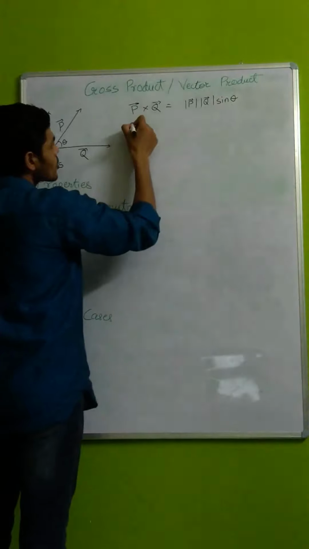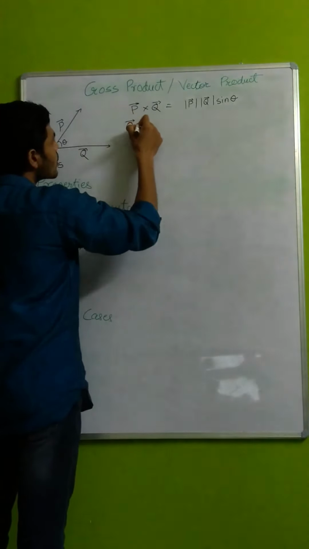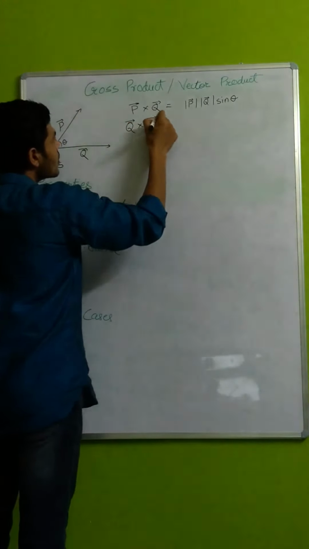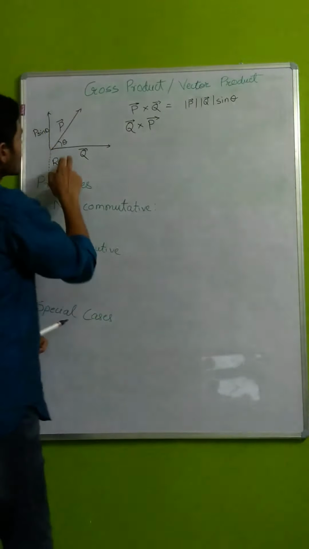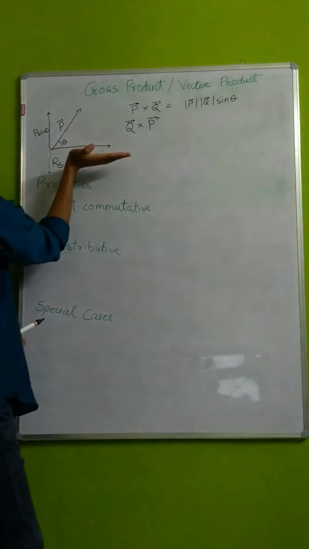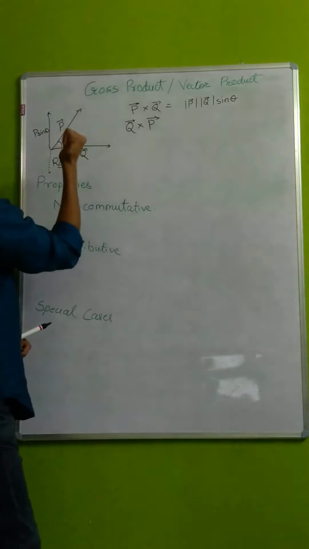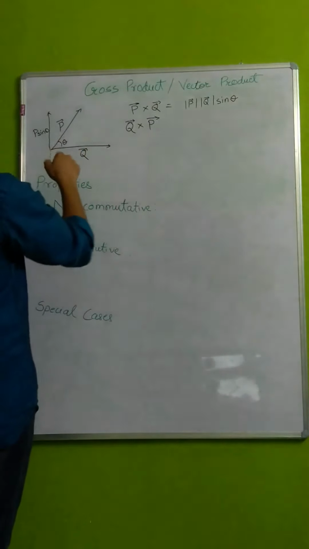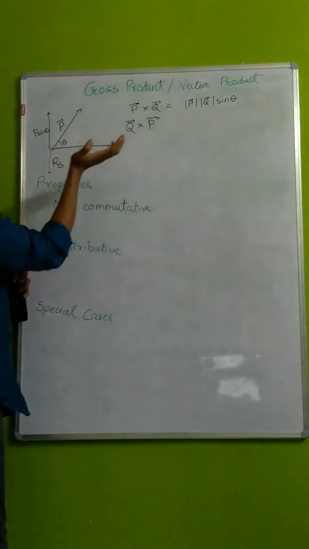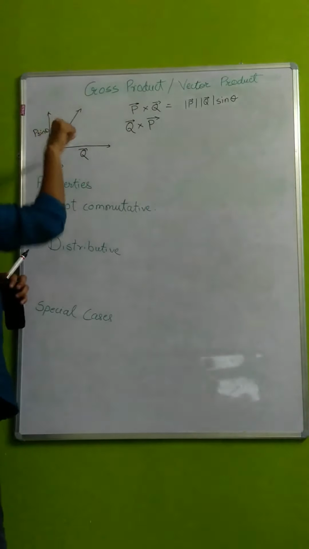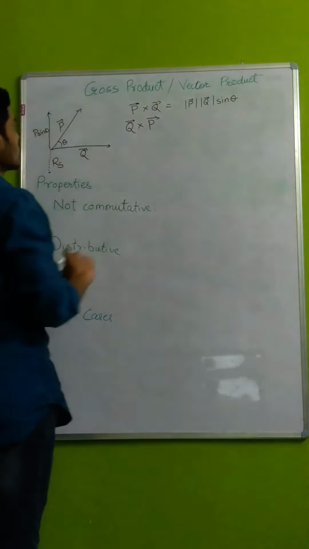If we consider Q cross P, then again this will be Q cross P. So the resultant will be in outward direction. Earlier the resultant was in downward or inside direction.